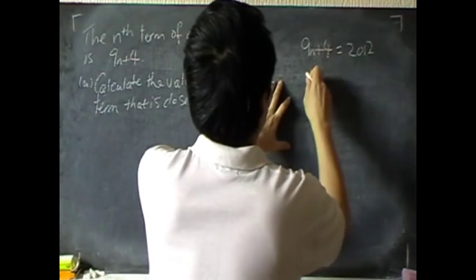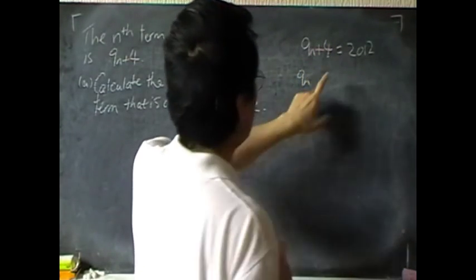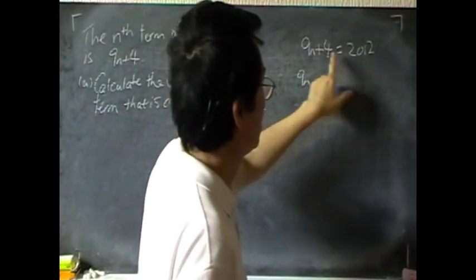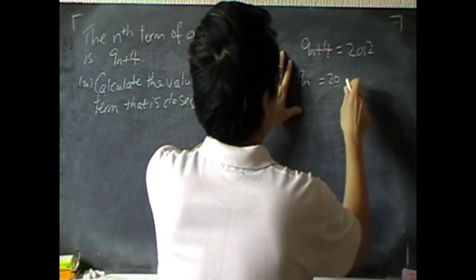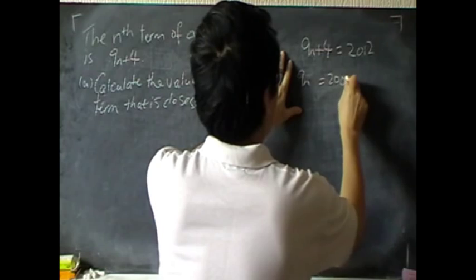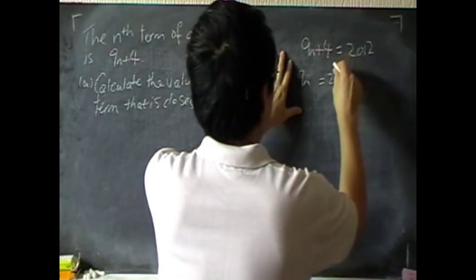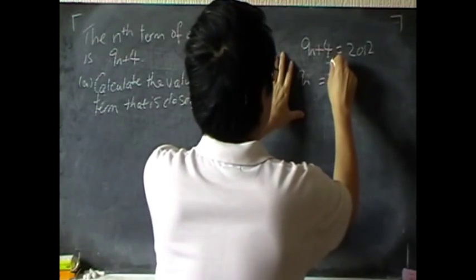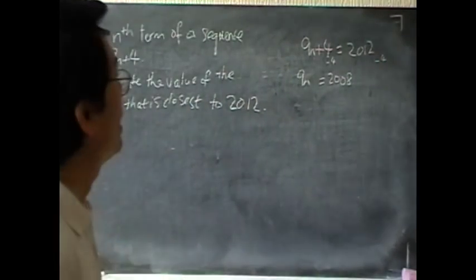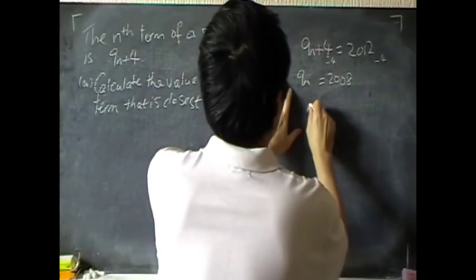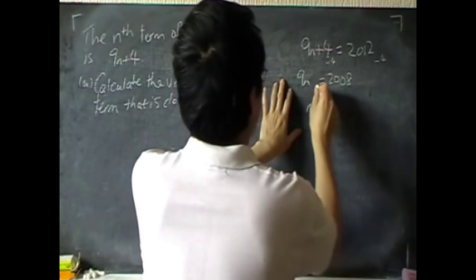Right, so we subtract 4 from both sides, to get rid of that 4. That gives 2008. And then we divide both sides by 9.